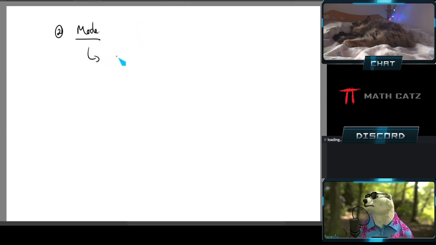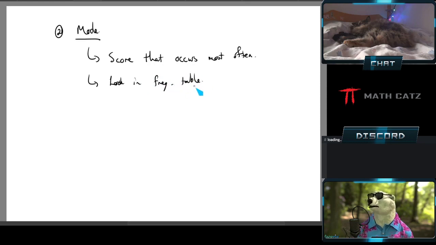It is very simple. It is the score that occurs most often. So I could just look in my frequency table and find which score occurs most often.